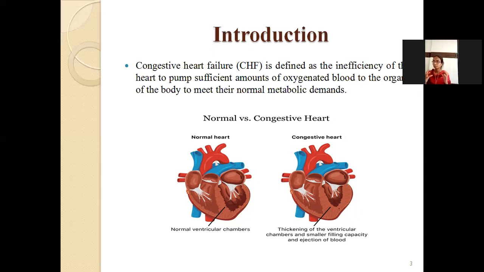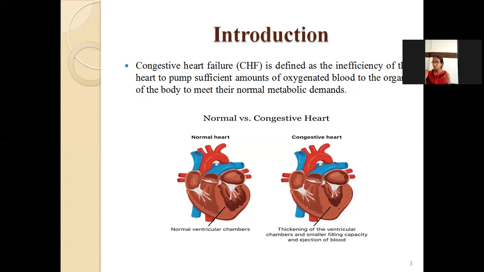What is the function of the heart? The function of the heart is to collect the oxygenated blood from the lungs and send it to the various parts of the body. The heart receives impure blood from various parts of the body, then sends it to the lungs to be purified.